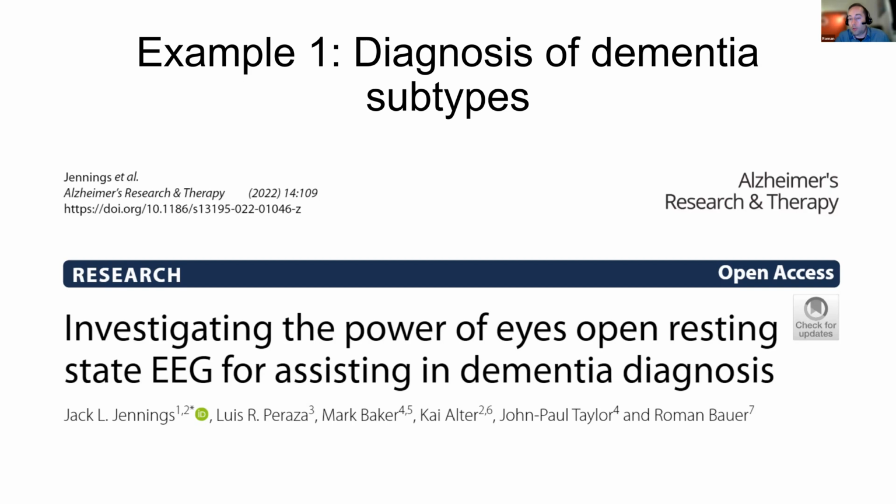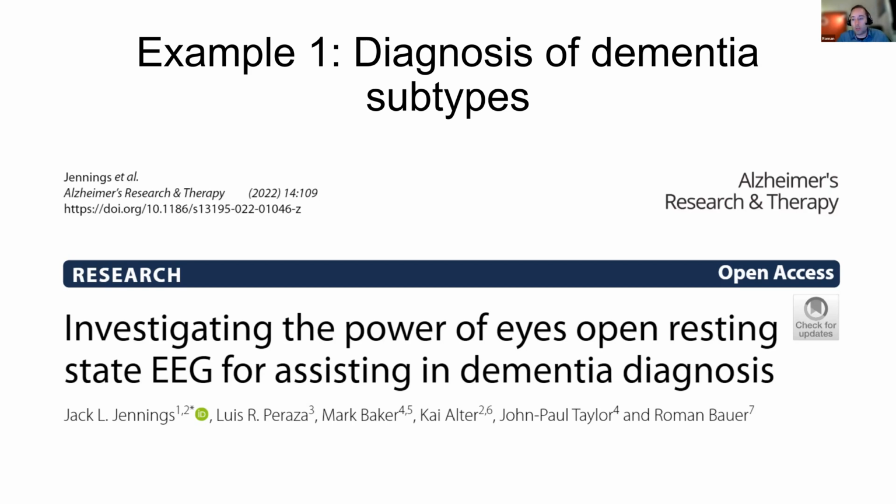In particular, we looked at different types of dementia, because this is an important topic. For example, if one wants to prescribe medication, then still it is a big challenge to identify the exact type of dementia. Is it Alzheimer's disease dementia, for example, or Parkinson's disease dementia, and so on.